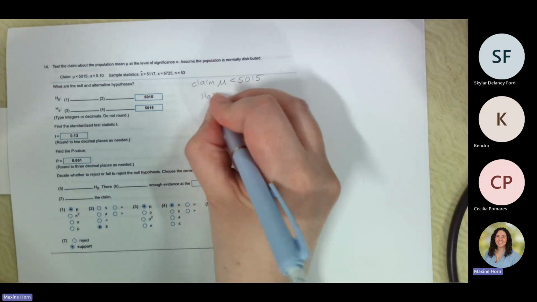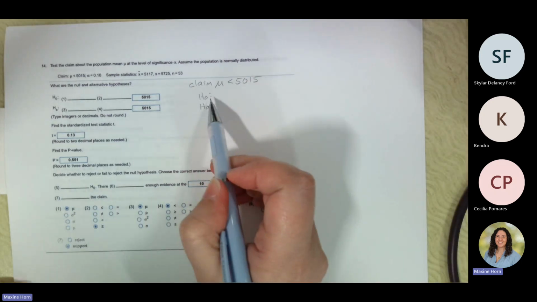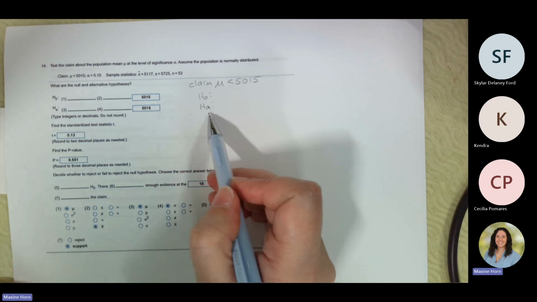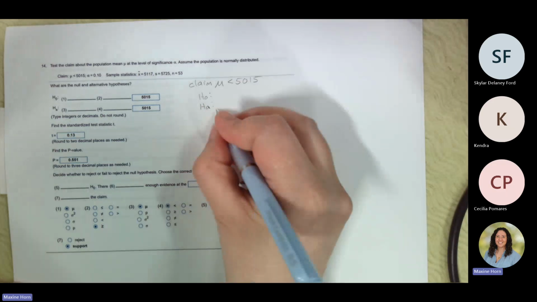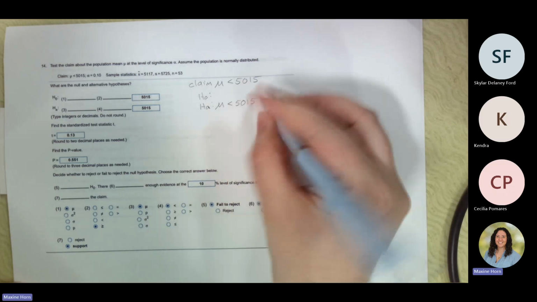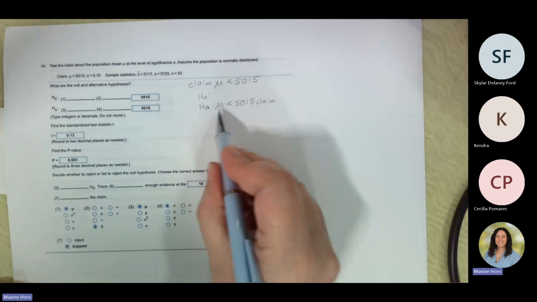We're going to say, okay, did I just write a null or did I write an alternative hypothesis? The null hypothesis has some type of equality. The alternative hypothesis has a strict inequality. Well, that's a strict inequality. So this one is actually the alternative hypothesis. There we go. I knew we would get one of those again eventually. So this is our claim.